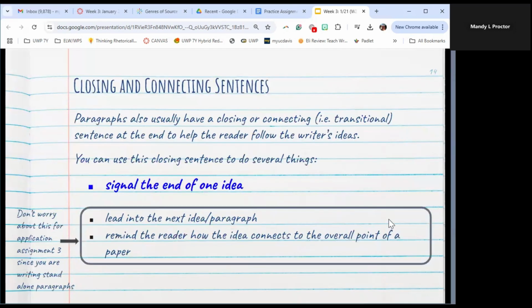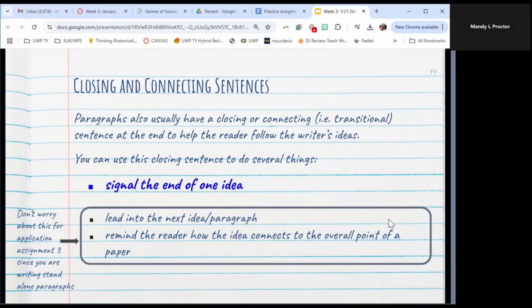And then, of course, you have some kind of closing or connecting sentence at the end of a paragraph, where we want to wrap everything up. So we're signaling the end of an idea. When we talk about paragraphing for full essays, you also want those closing sentences to connect and lead into the next paragraph or idea, or remind the reader how the idea in this paragraph connects to your overall point of the paper.